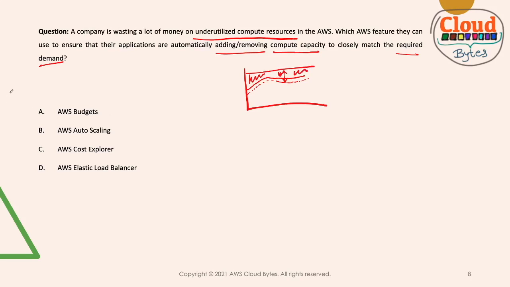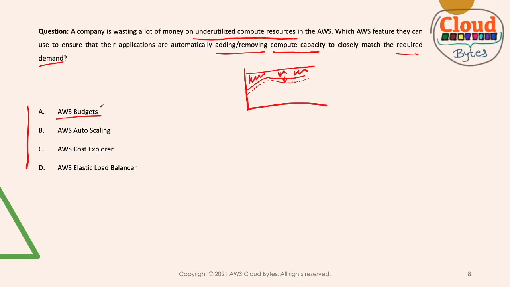Now looking at the options over here, you can pause the video and try to find an answer for this question. AWS budgets, as you know, give you an ability to set up custom budgets and get alerted when your cost or usage exceeds or is forecasted to exceed your budgeted amount, depending upon how you are tracking it.